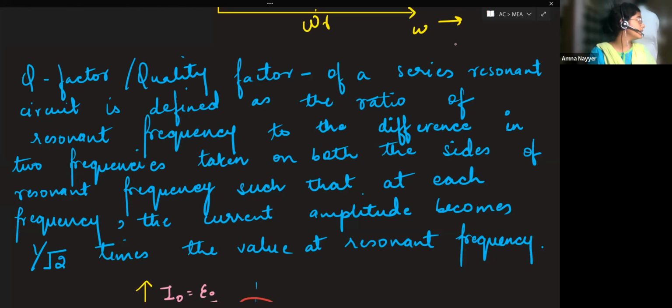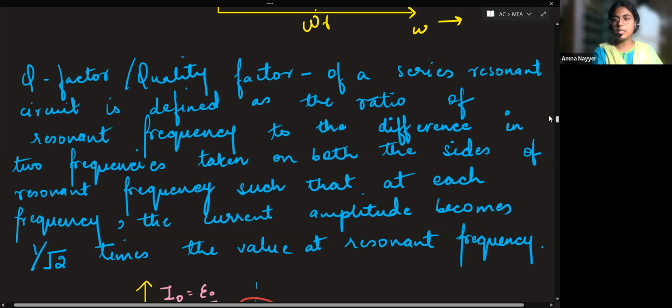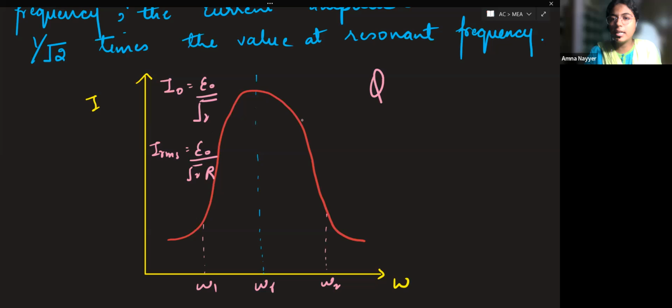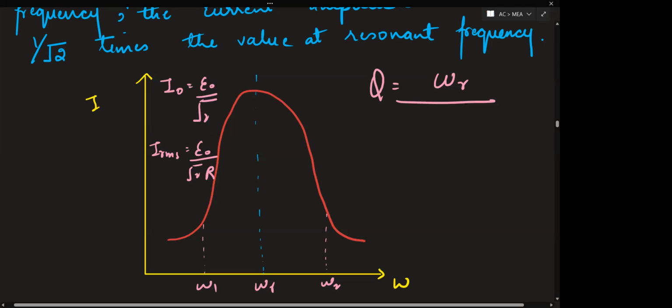Resonant frequency. So you have to take the resonant frequency. Resonant frequency we have studied. This is the resonant frequency, right? So Q factor is the ratio of resonant frequency omega R by the difference in both of these frequencies.